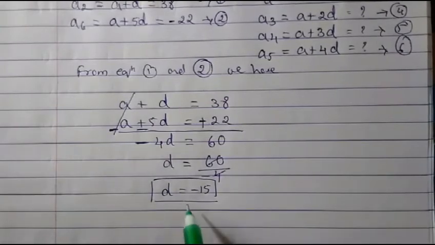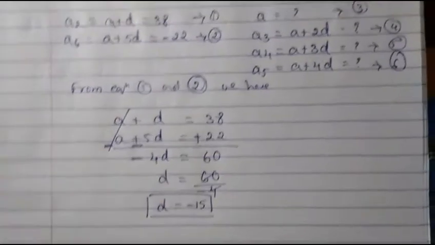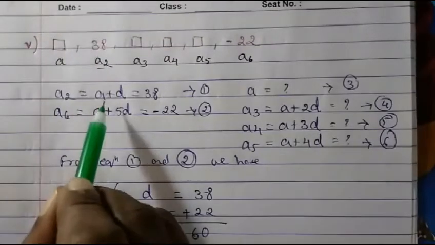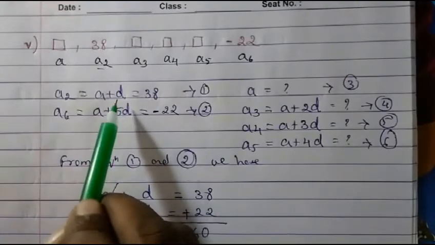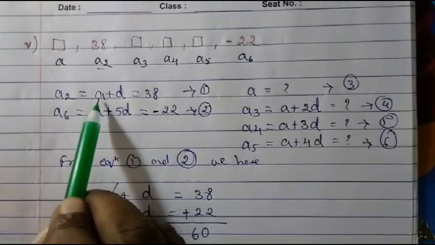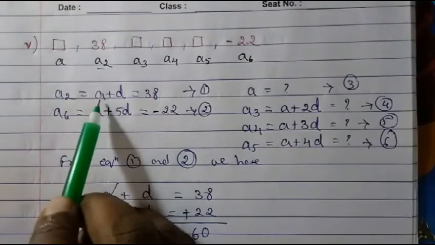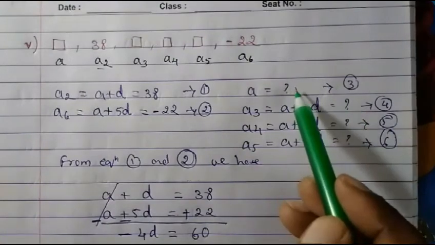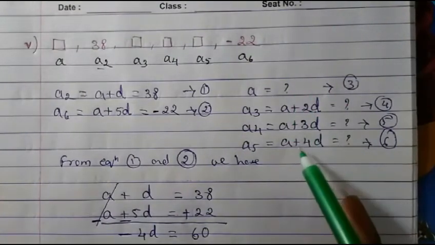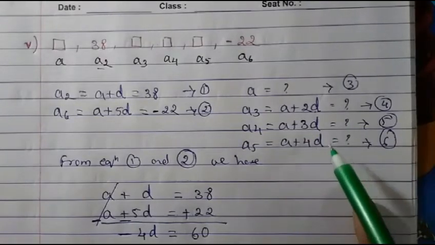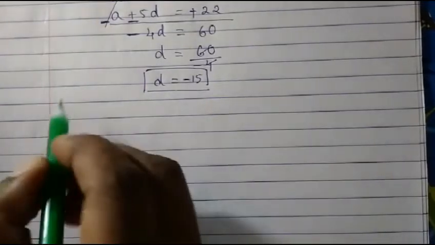So now we have the D value. So put the D value in equation 1, because equation 1 is the simplest one, A plus D. If you put the D value here, we can get the A value. Once we have the A value, then everywhere we put the A value and D value and get all the other 3 terms. So let's put it in equation 1.